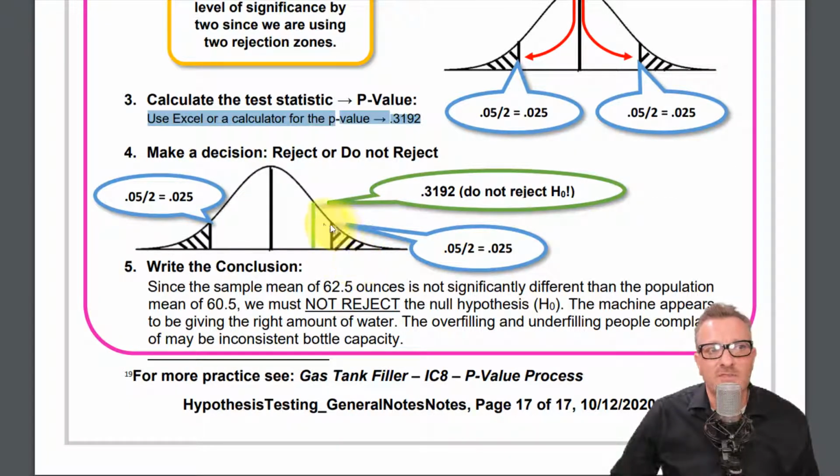And we find out that it is right there. It is 0.3192, which is 31.92%. So this line would actually be a little more over here. So this is a huge, huge number. So that means we do not reject. The machine's doing fine.